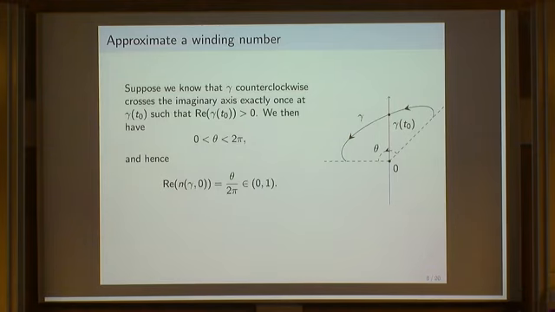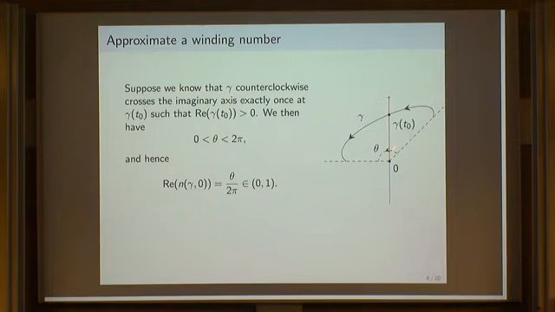In a very simple case, suppose we have a path gamma, and we know that gamma crosses the imaginary axis exactly once, and at the intersection point gamma(t0), the real part is greater than 0.